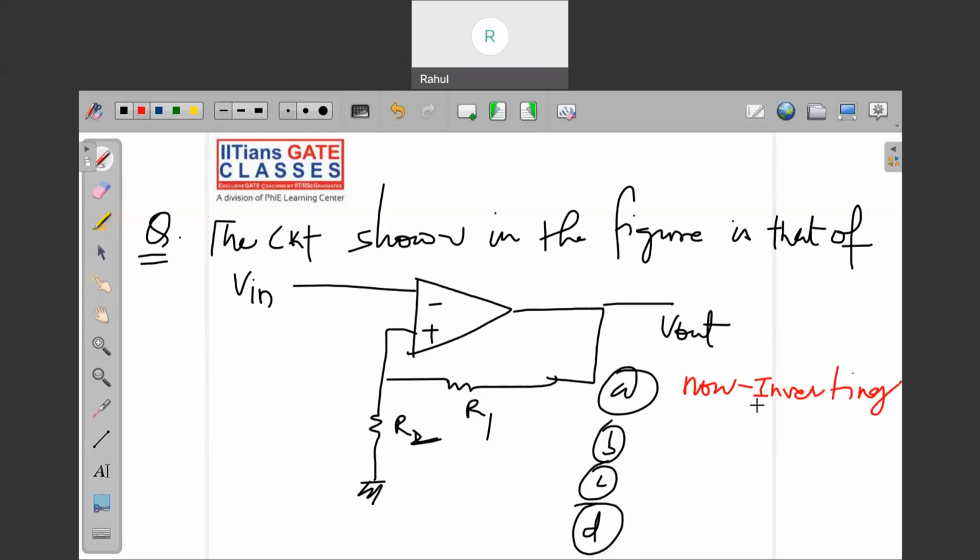Option B they have given is an inverting amplifier. And option C they have given is an oscillator.